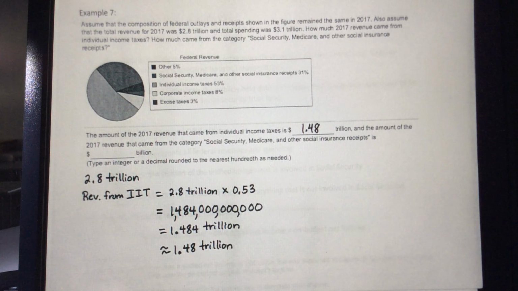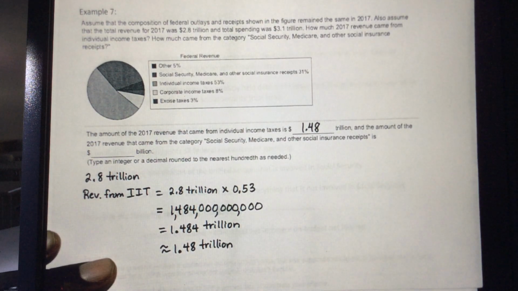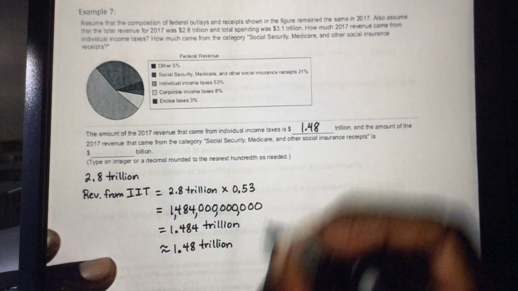The other part is the amount of 2017 revenue that came from the category of Social Security, Medicare, and other social insurance receipts.